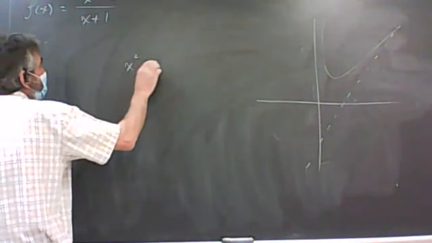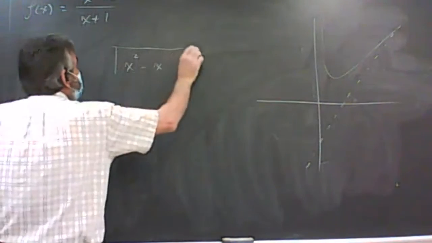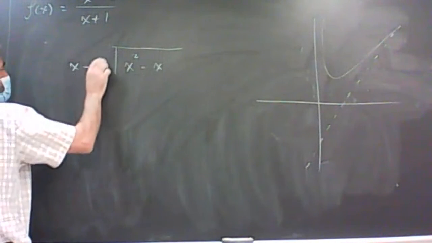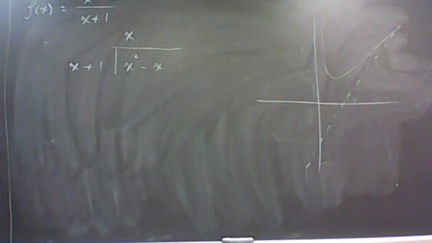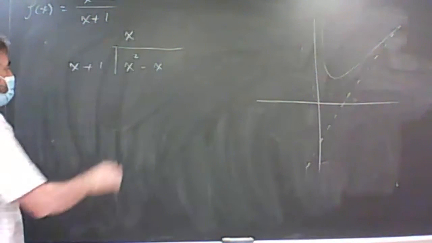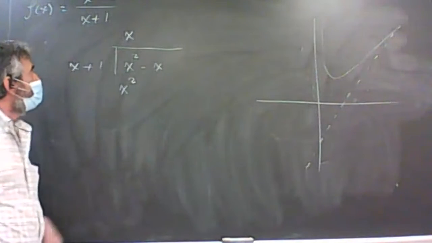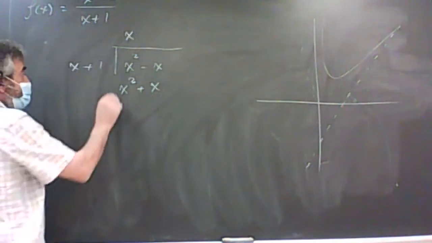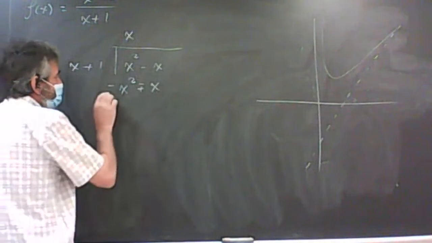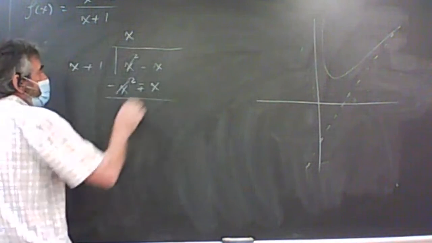So we have x squared minus x. We're going to divide that by x plus 1. X squared divided by x is x. X times x is x squared. X times 1 is x. And then we change the signs, right? So I'm going to change the sign here and change the sign here. What do I have left? These cancel out.